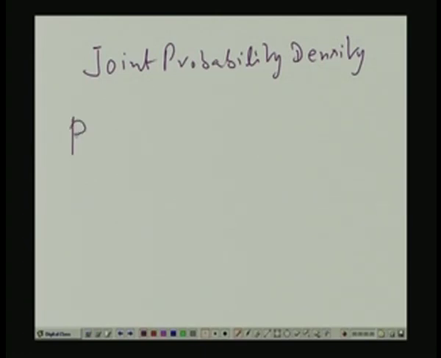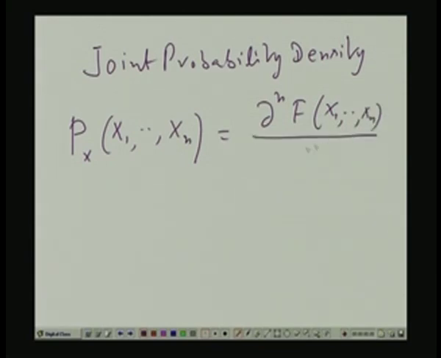So we define p_X(x1 up to xn) as the n-th partial derivative of F(x1, ..., xn) with respect to del x1, del x2, up to del xn. This is the joint probability density.